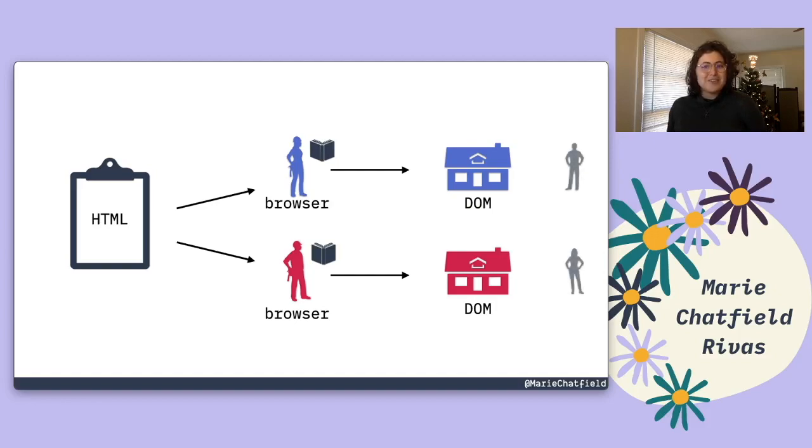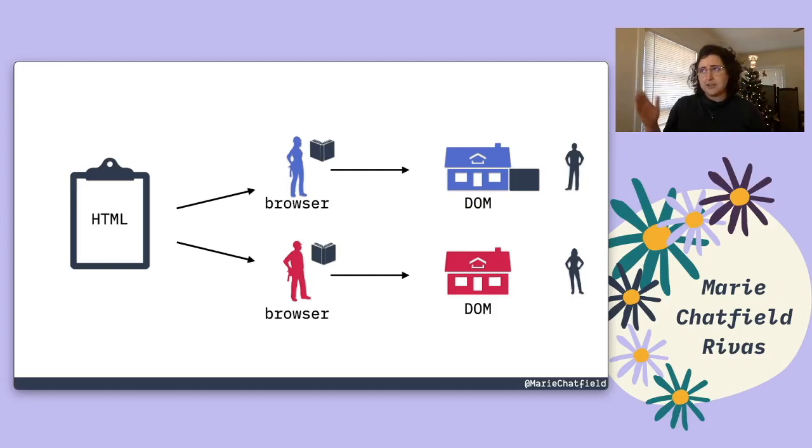And then, of course, you have users interacting with your web page. As they cause events to happen, click on things, or do other stuff, usually the browser is going to interpret those with the DOM API and then make changes to the DOM as users are submitting forms or anything else.